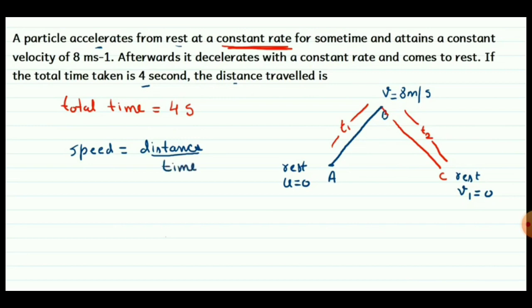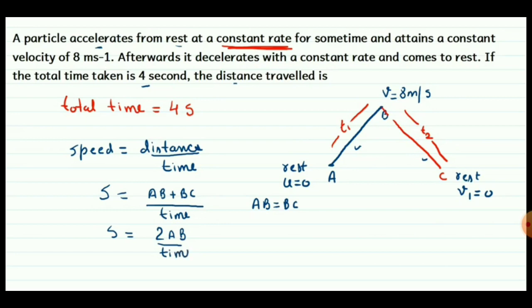We have all these three values, so we can apply this formula. Speed is equal to distance by time. Now what would be the distance in this diagram? We can measure the distance as AB plus BC, divided by time. Now student, as the object is accelerating uniformly, then deaccelerating uniformly, the distances AB and BC are actually equal, because this rate is constant whether it is accelerating or deaccelerating.